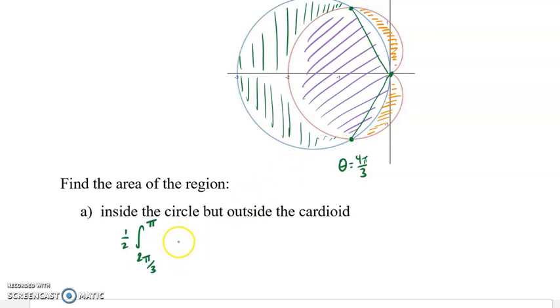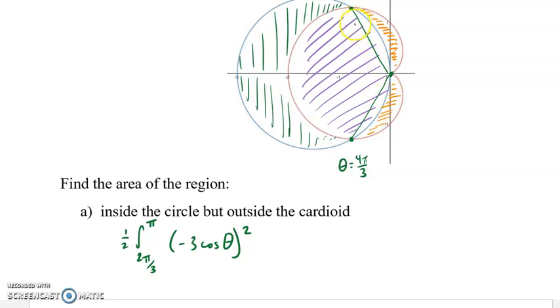And the circle was -3 cosine of theta, if I remember that right? And we're going to square that. Now, if I just do that, then I'm tracing out the circle from this point around to this point. So it's almost all of the area. We're just losing this little bit of area here, this little bit of area there.